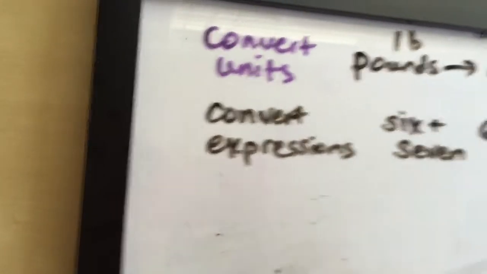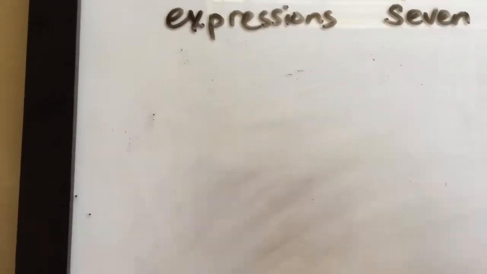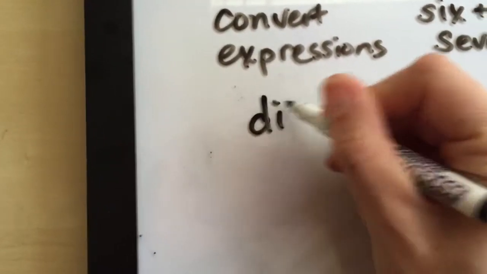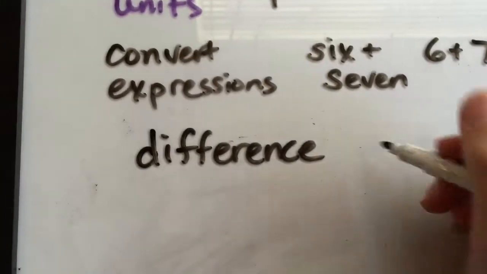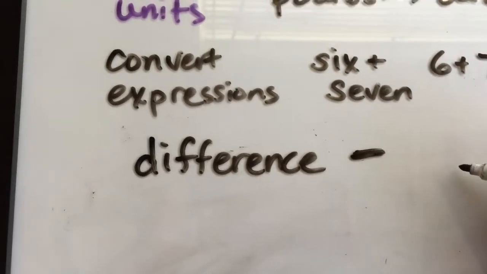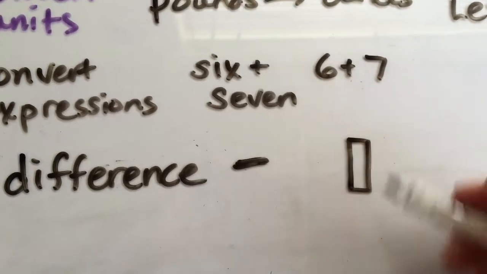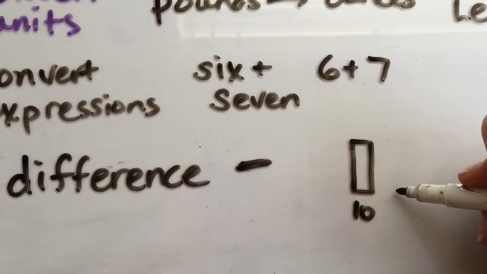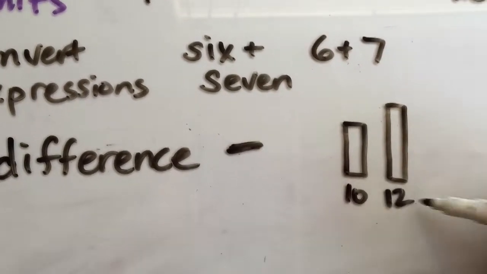Now that time we dealt with sums, but a really important word you're going to hear a lot in word problems is the difference between something and something. And when you hear difference, I want you to think subtraction. Think of it this way. If I had a tower that's, maybe, 10 feet tall, and I've got another tower that's 12 feet tall.